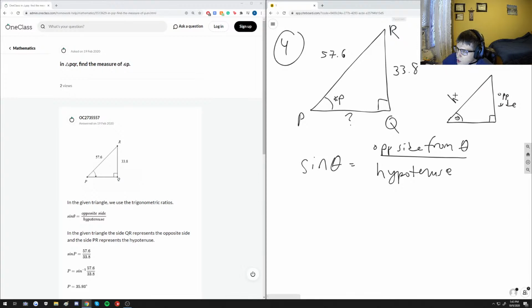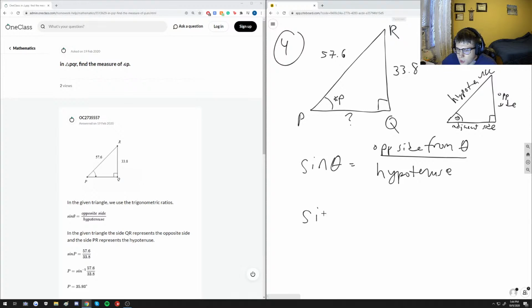So the hypotenuse is this long side, and it's made up of these two legs, which can either be an opposite side or an adjacent side. If we're dealing with cosine or tangent, we have to consider the opposite side and the adjacent side. But because we are dealing with sine, we only have to deal with the opposite side. So going back to our example, we want to see what the opposite side of angle P is.